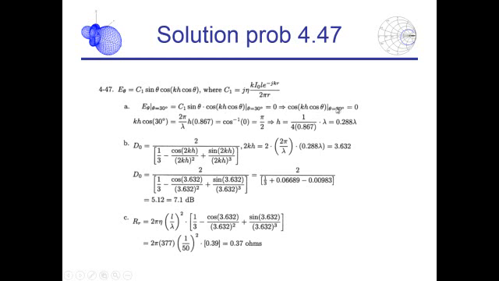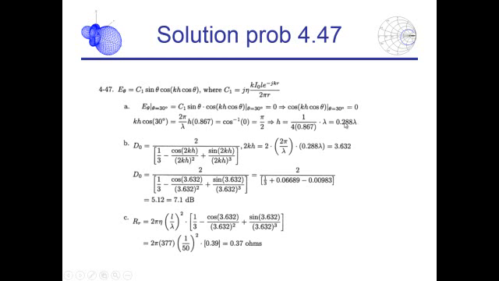In order for the cosine to be 0, we need the inside of this equation to be equal to 90 degrees. So from that we come out with a height of 0.288 lambda.